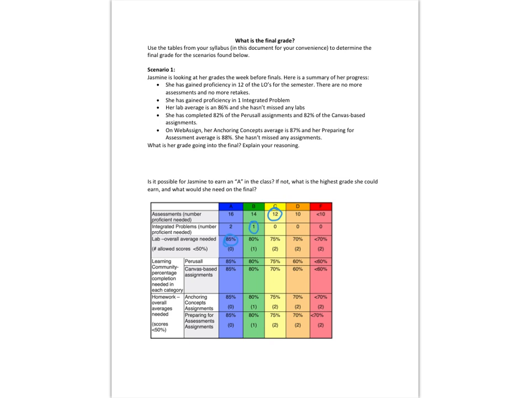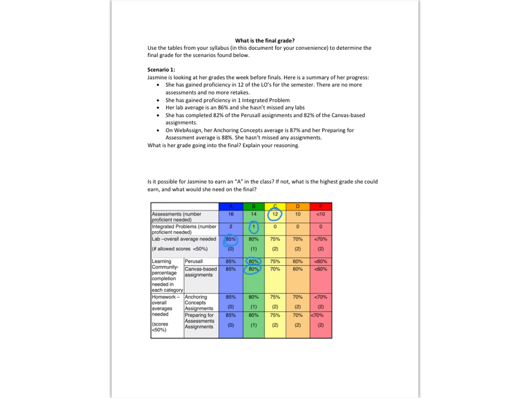On the perusal, she's at 82%, so you have to have at least an 80% for a B, but at 82, she hasn't reached the threshold for an A, so her perusal grade is at a B, and so are her Canvas-based assignments, because they're not at 85% yet.